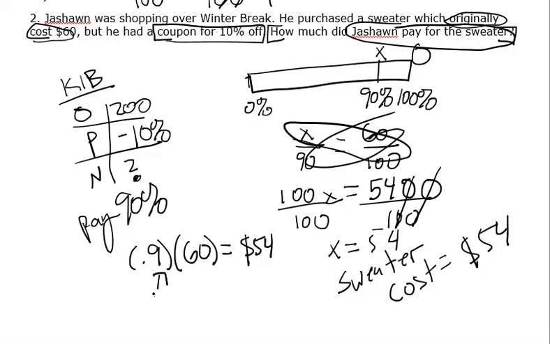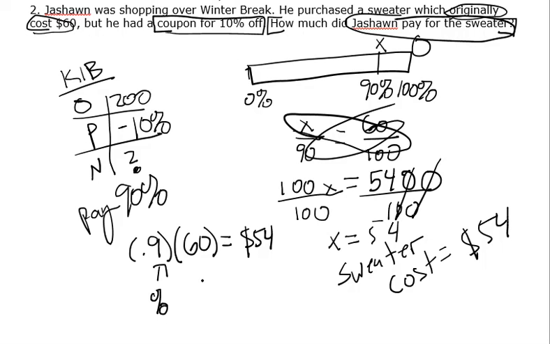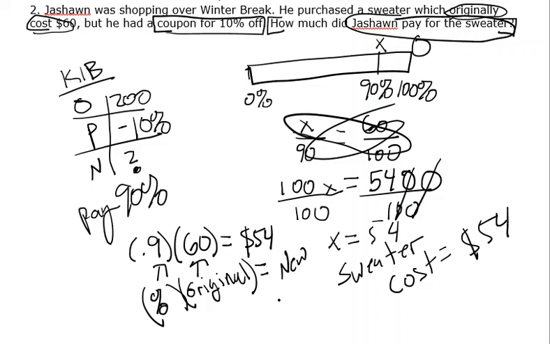So that's my percent converted to a decimal times the original is equal to my new price. So those are the two ways we did this.